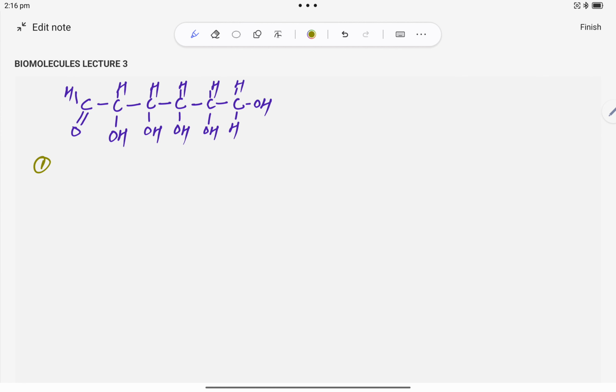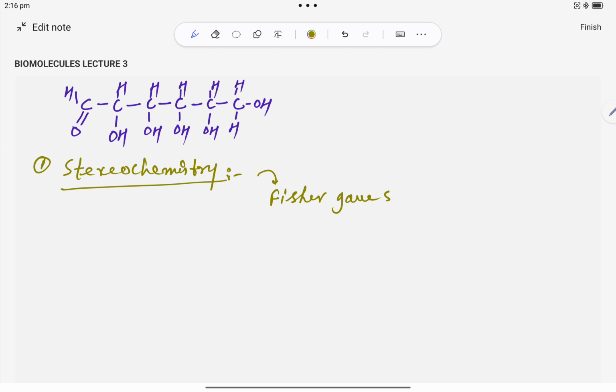A little bit of confusion. On the basis of stereochemistry, Fischer gave the presentation that is called Fischer projection. That is the name of the chemist. Fischer gave the structure of glucose.